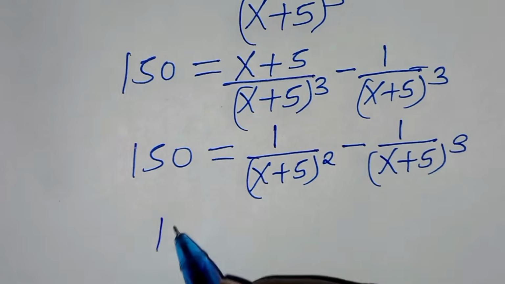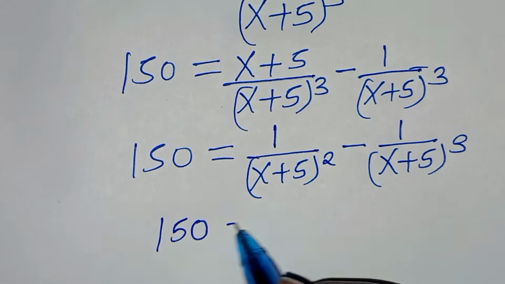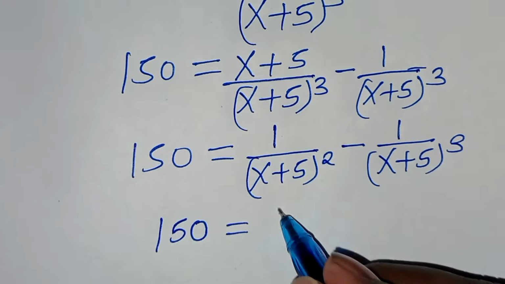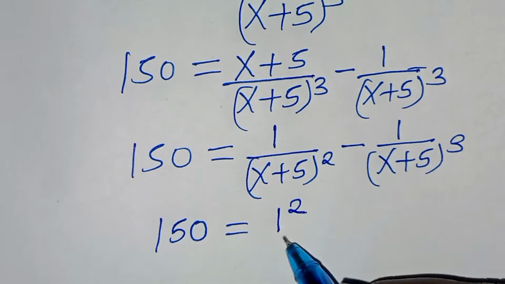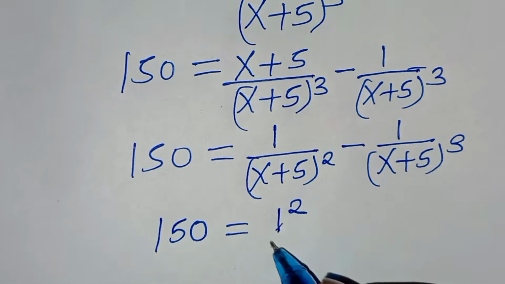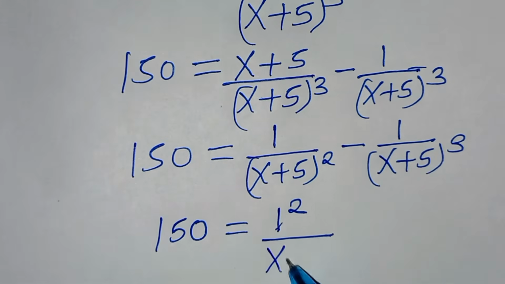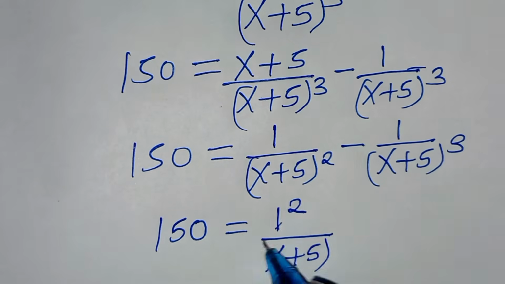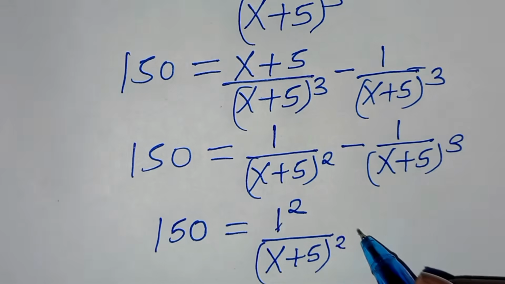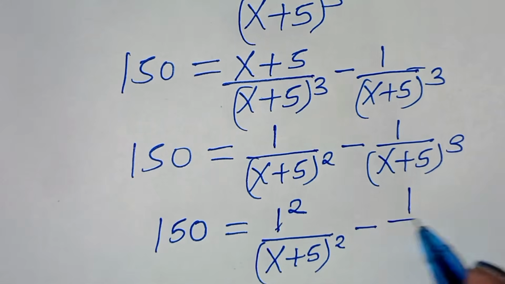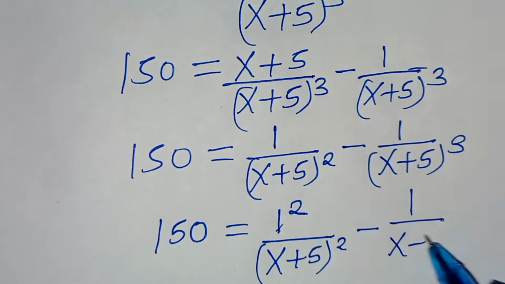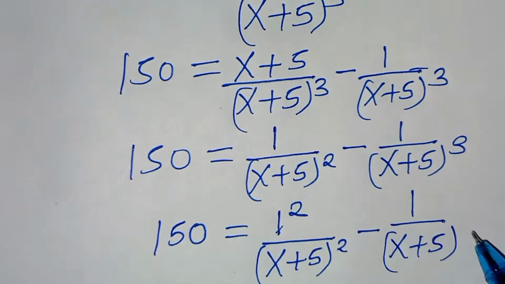Now, here we have 150 is equal to, we can express 1 as 1 squared. If you see, 1 squared is the same thing as 1 divided by (x + 5) raised to power 2, then subtract 1 over (x + 5) raised to power 3.